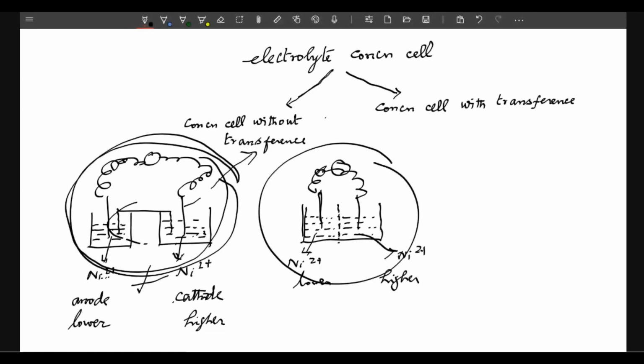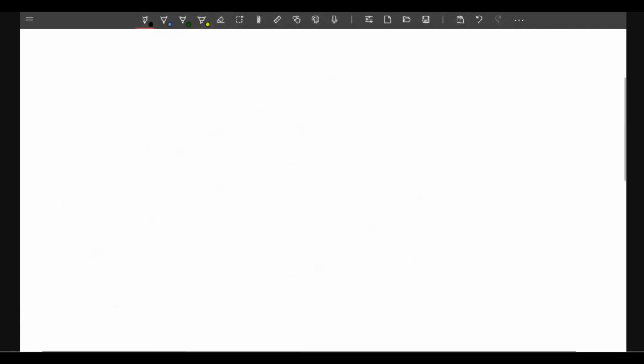The value is different. Therefore, what are the equations we are going to use? Two types of equations, with a slight difference. If you make a note of that difference, you can easily do the problem.